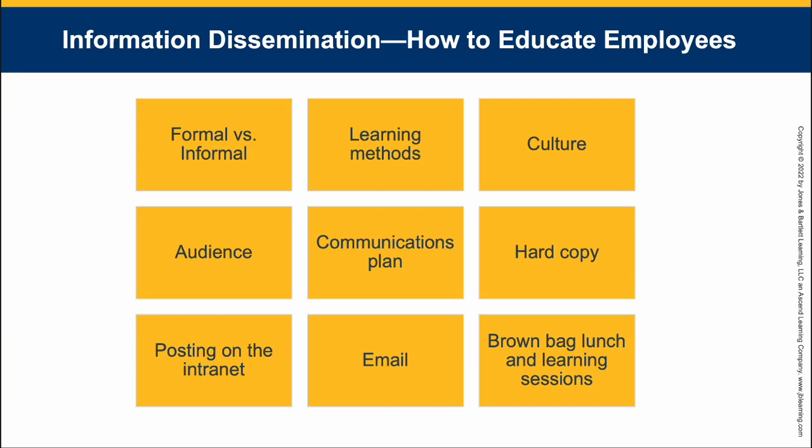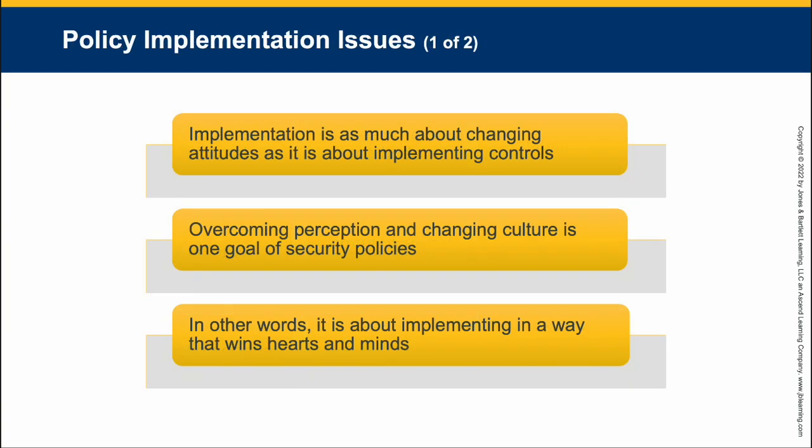Some issues: there could be some resistance, for example, changing attitudes, and the perception of the employee. Sometimes they say we keep getting training, but nothing happens, like it's better to be trained than not to be trained.